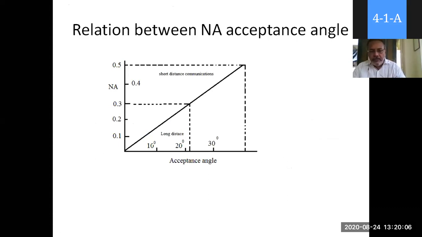So in this, if the light rays are propagating along the axial line, then automatically the acceptance angle is a lesser value and the numerical aperture is also a lesser value. That means the axial rays are the most sought after ray propagation, and based on that we differentiate the propagation of light in the fiber into various modes of propagation.